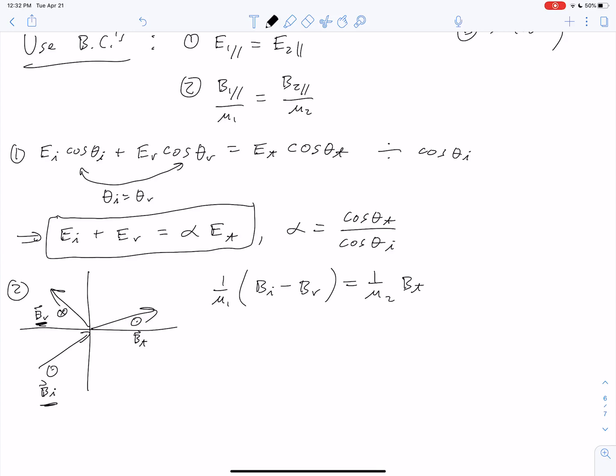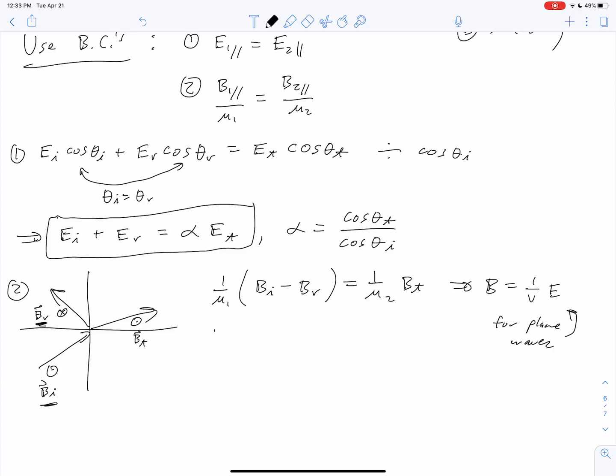So that is equation 2 for this geometry that I've drawn, the electric field parallel to plane of incidence geometry. Okay, and so now let's use the fact that B is equal to 1 over V times E, and we know this to be true for plane waves. We've derived this already, and so that means we can get rid of all the B fields.